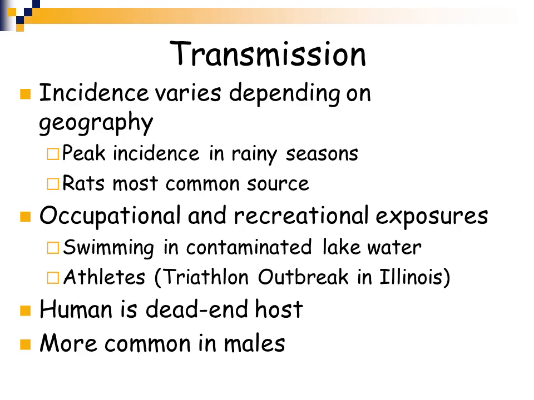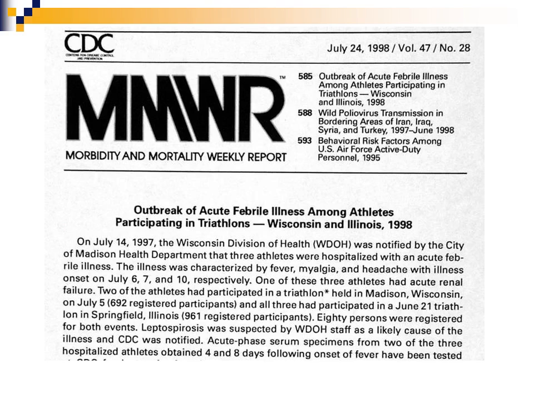Now, the human is a dead end host. So once humans get leptospirosis and either get treated or clear the infection on their own, that's it. The leptospira is gone. It tends to be a more common infection in males than in females. However, both men and women can get leptospirosis.